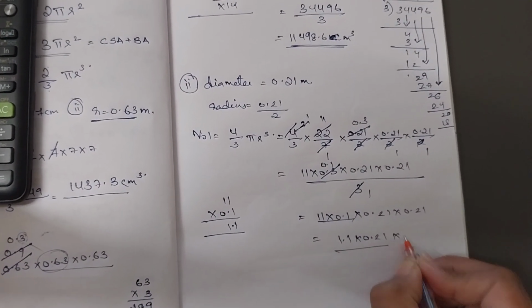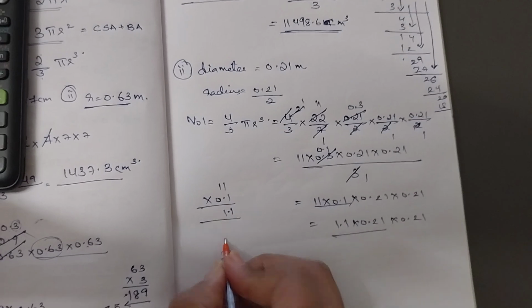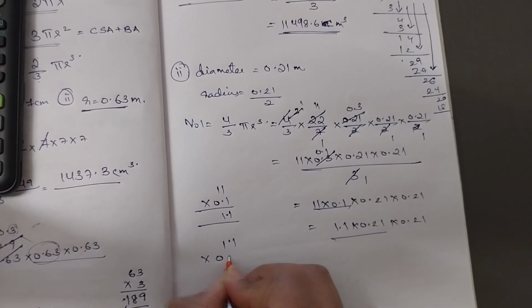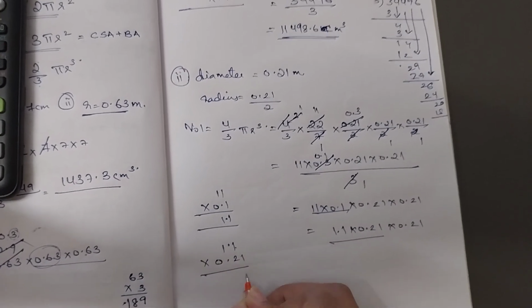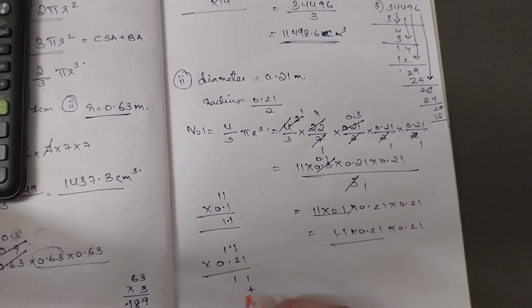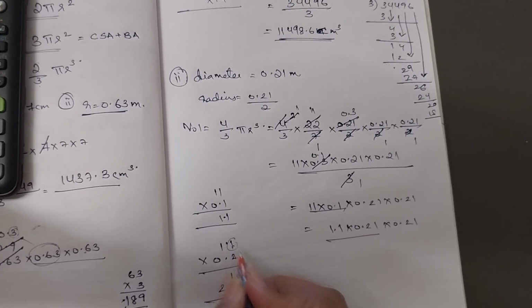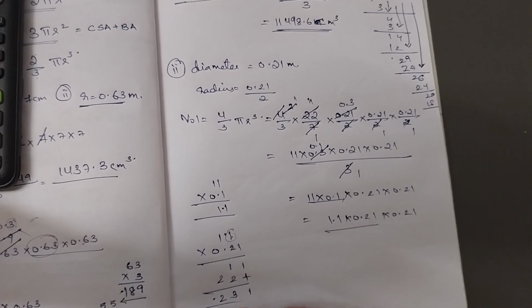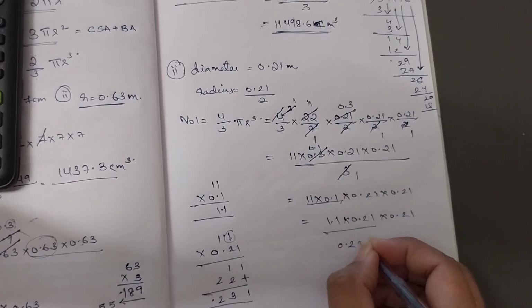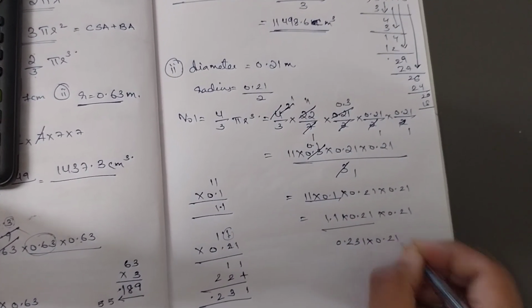So let's do this. 1.1 into 0.21. 1 1 plus 2 2, 1 3 2 1 2 3. 3 decimal places to the right. So it is 0.231 into 0.21.